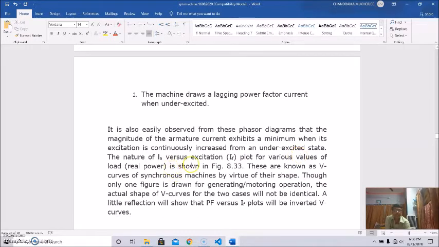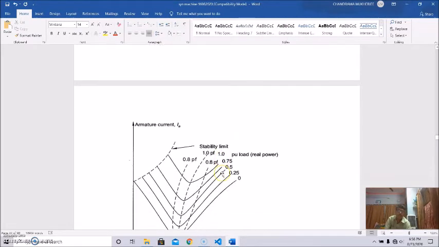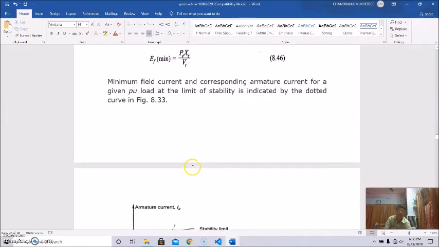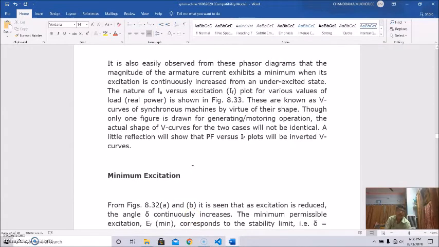The Ia versus excitation plot for various values of load, that is real power, is shown in figure 8.33 here. Its shape is like a V, so that is called the V curve. And these are known as the V curves of the synchronous machine by virtue of their shape.